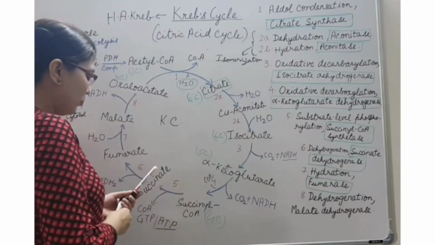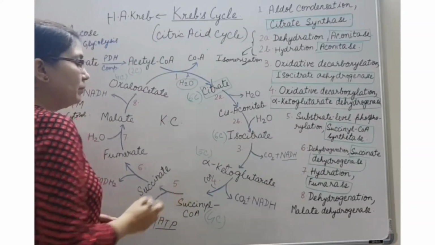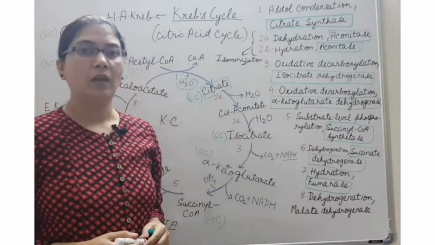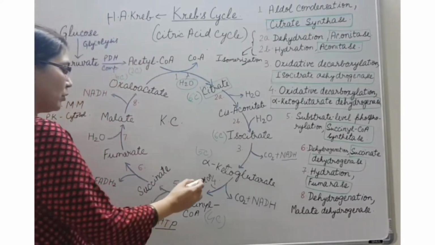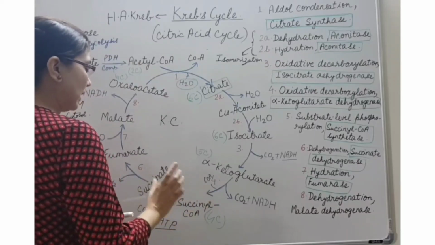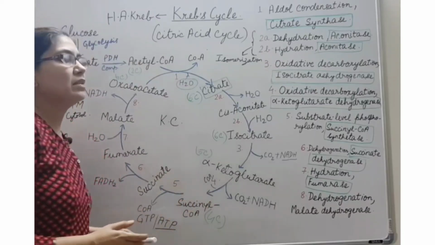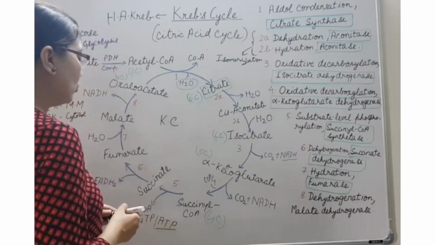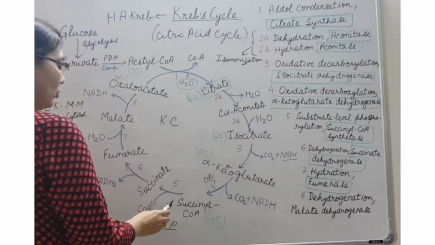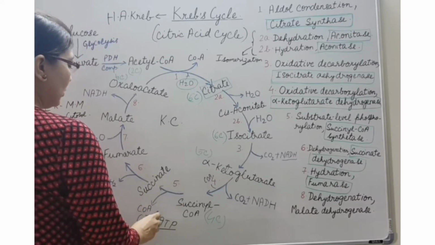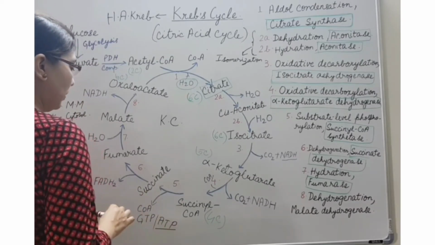The product that is obtained, succinyl coenzyme A, is a high energy compound. It has a high energy thioester bond. In the next step, this high energy thioester bond is cleaved. This releases a large amount of energy. This energy is then used to transfer a phosphate group to GDP, which gives GTP, which is later converted into ATP.